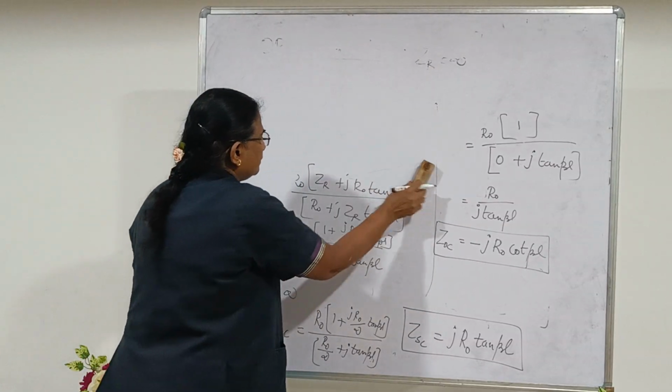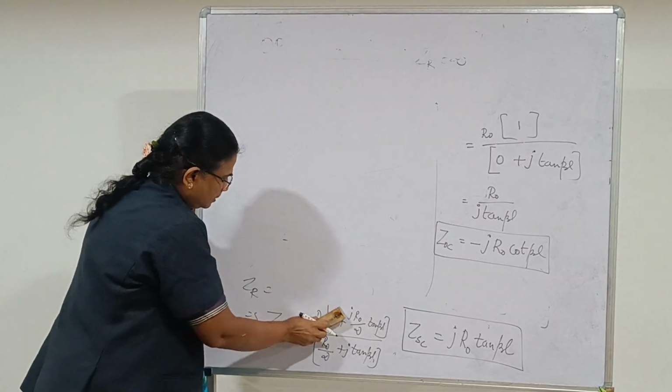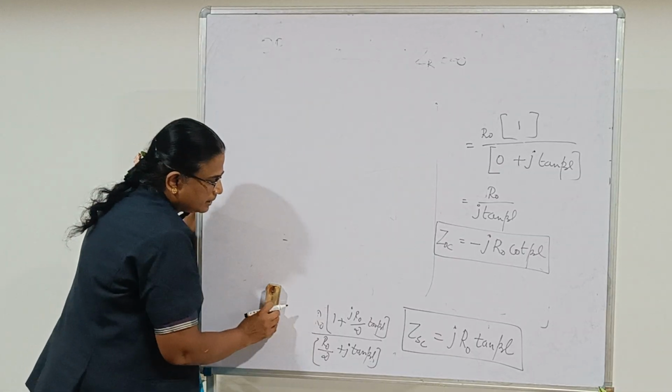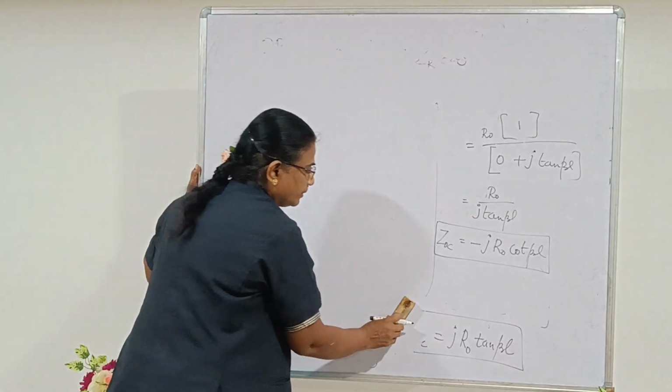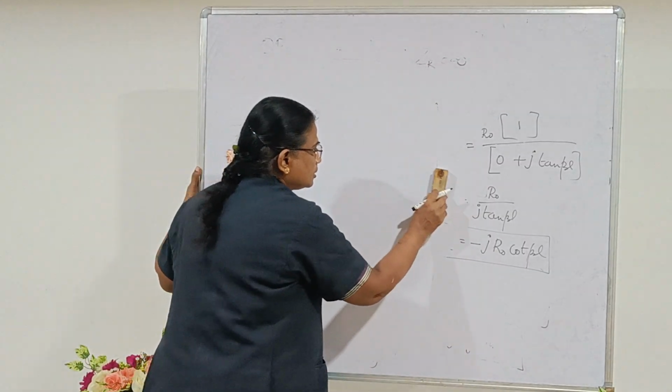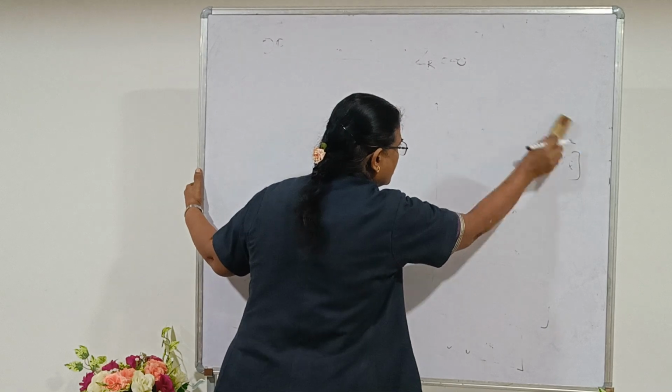Now we will derive the input impedance of a lambda by 4 line. So a lambda by 4 line is a quarter wave line, or it is called as quarter wave transformer.